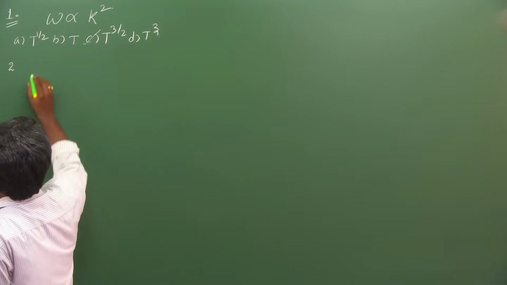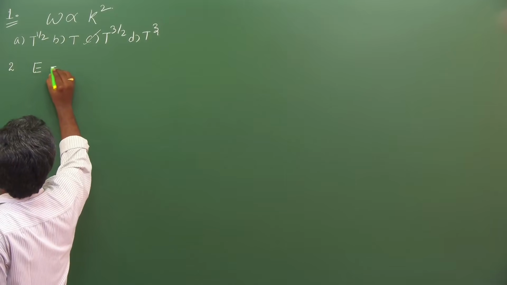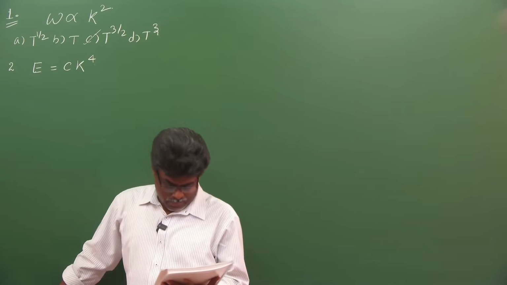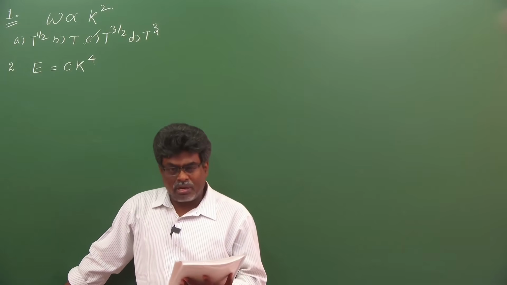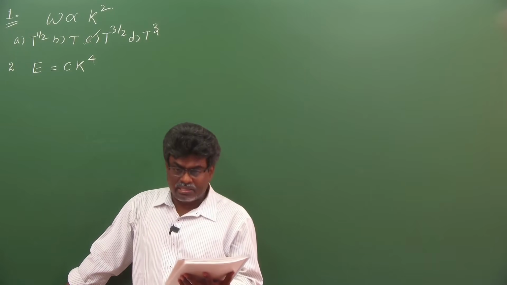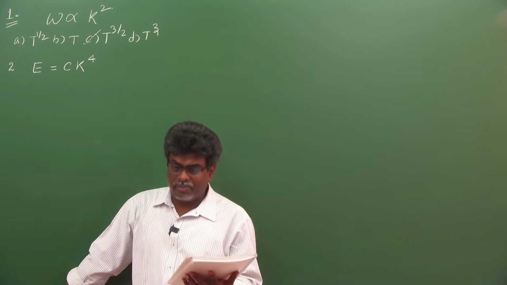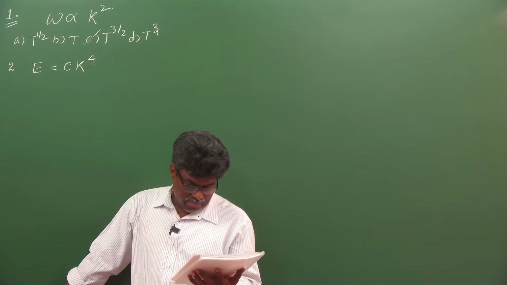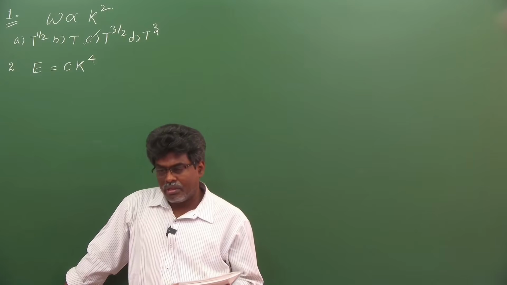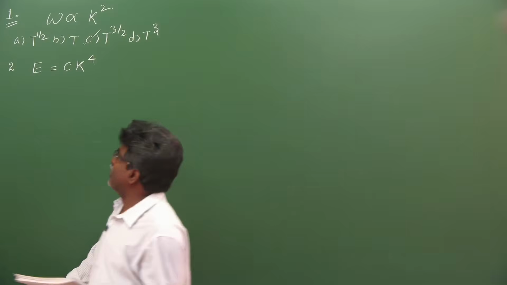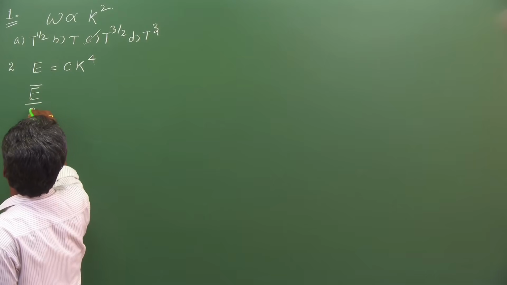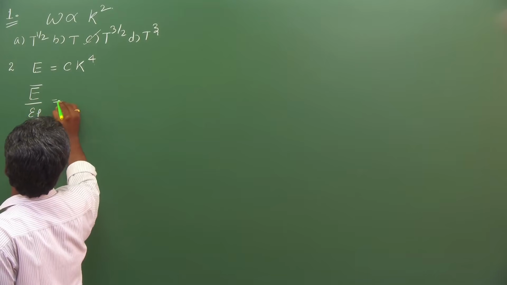The energy of the system is E equal to C k power 4. Underline k power 4. Find the ratio of average energy to Fermi energy.